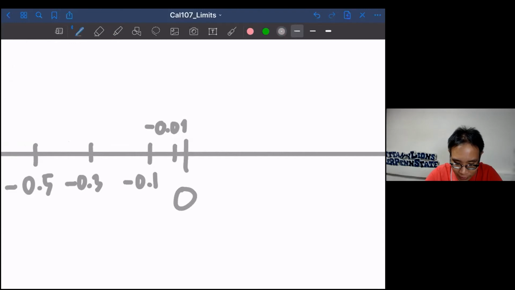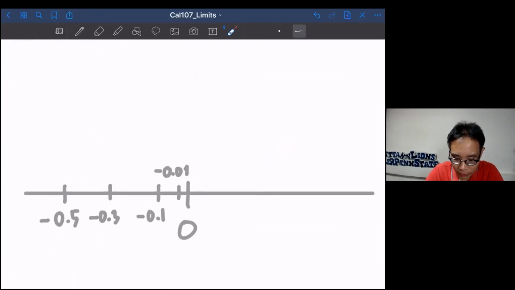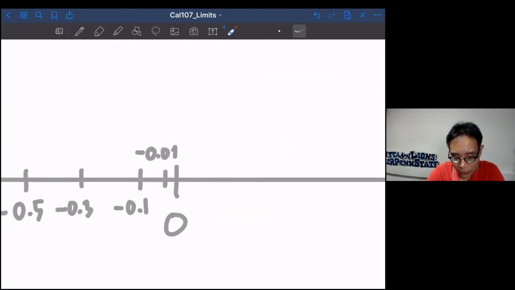So you see negative 0.5, negative 0.3, negative 0.1, negative 0.01, and you'll be able to have something very close to 0 in this case.